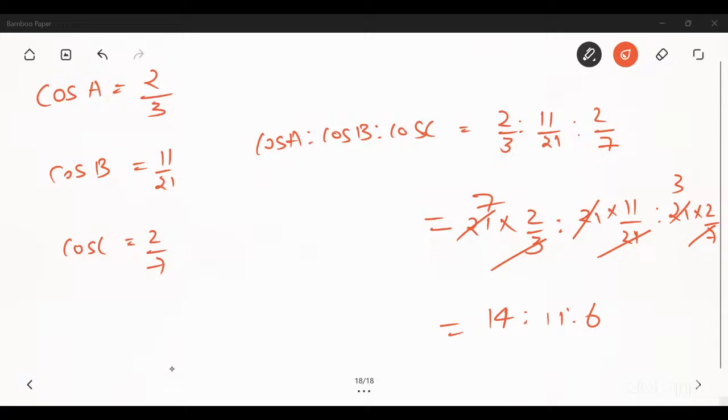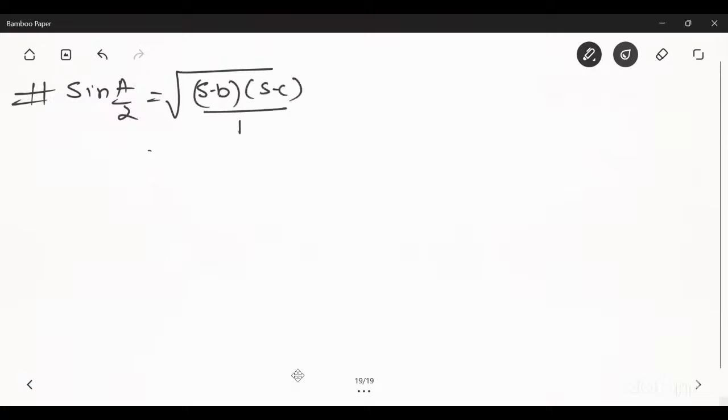Now your next question is the half angle formula. The formula of sin A by 2 is equal to under root of (S minus B)(S minus C) upon BC.